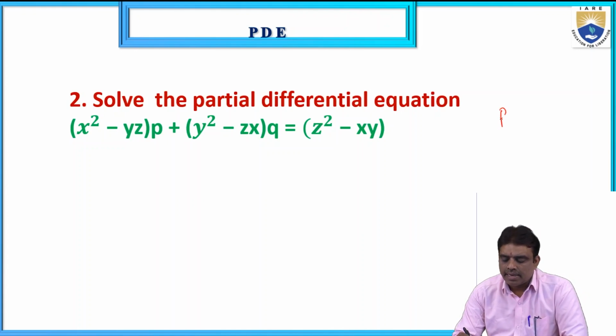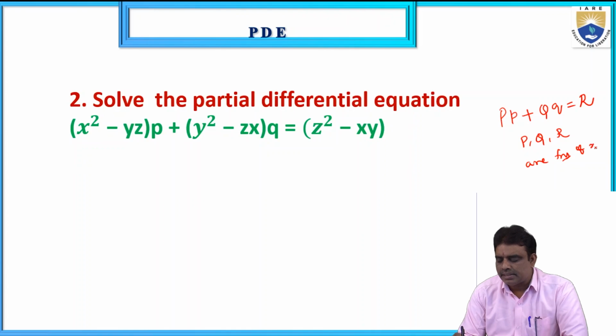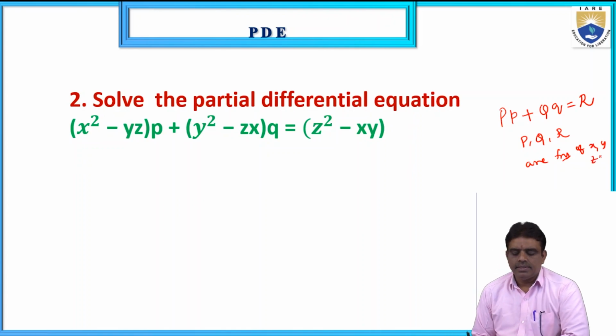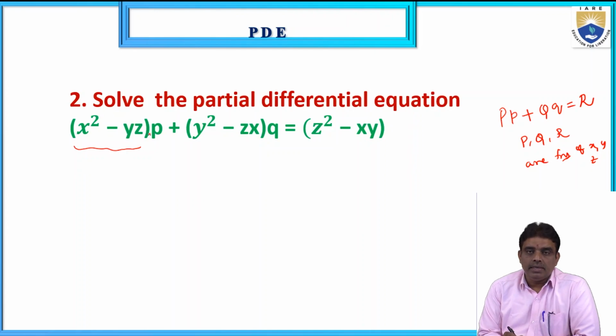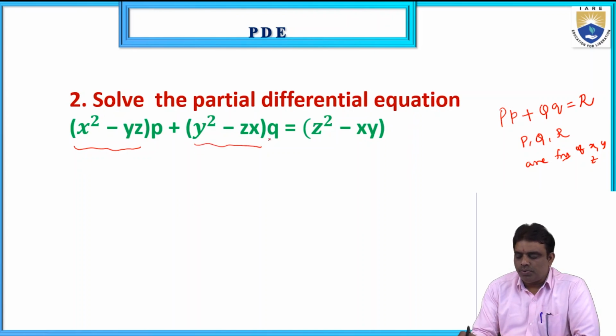Capital P into small p plus capital Q into small q is equal to R, where P, Q, R are functions of x, y, z. So here you can observe that this is P into small p, plus Q into small q is equal to R.